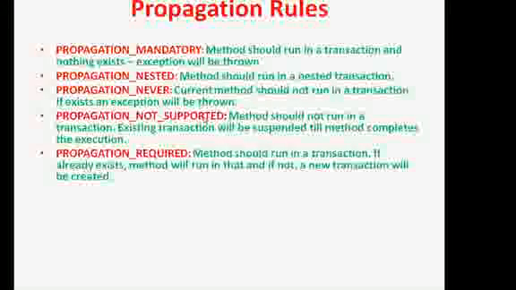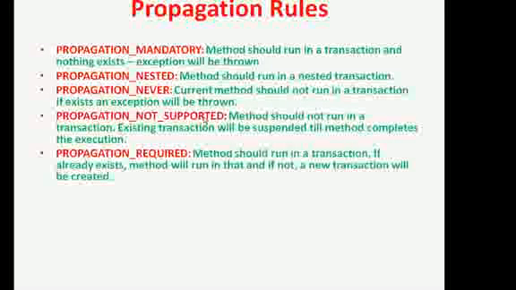And next, propagation required. This says that a transaction is required. If one already exists, it will be utilized. If there is none existing, then a new transaction will be created.